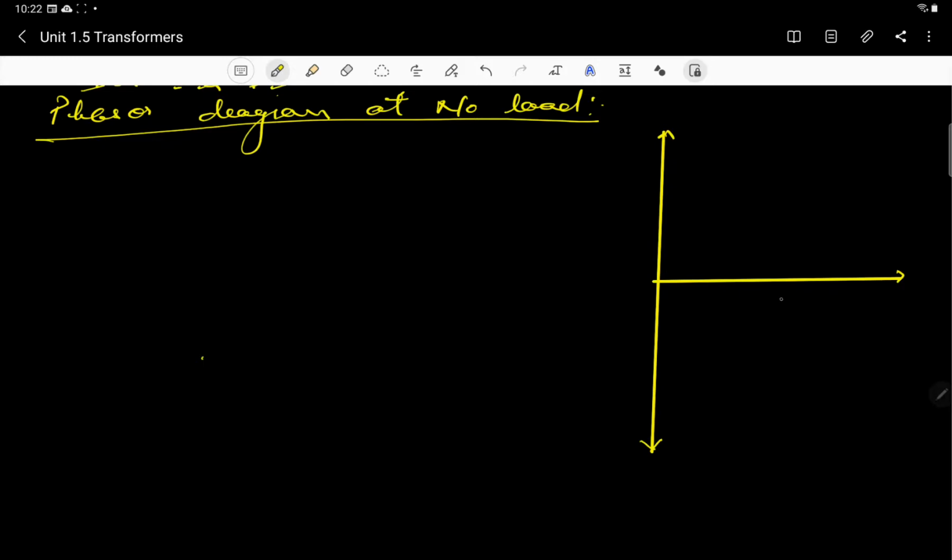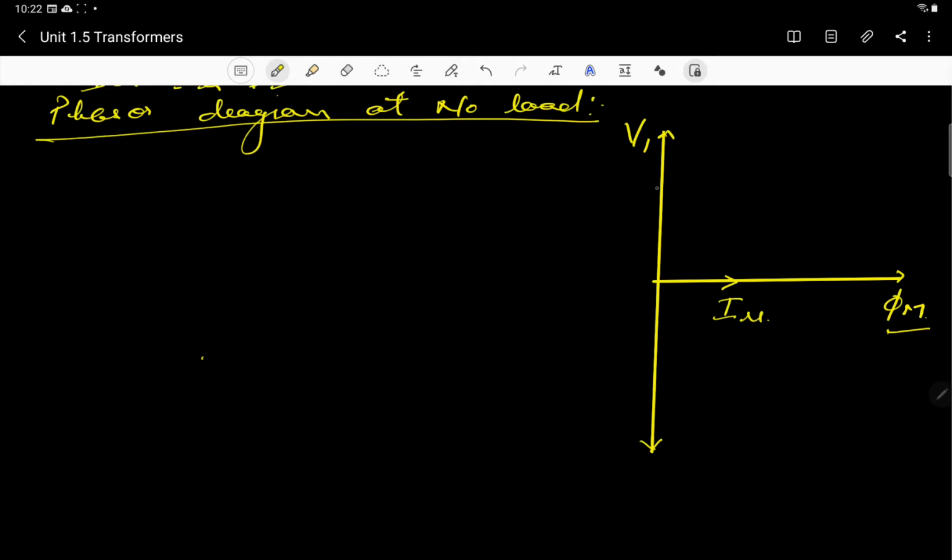So let's consider this as phi m. Now since this is phi m, as we have already discussed, the I mu, that is a magnetizing component, is in phase with phi m. So as we have told you, I mu is in phase with phi m. All right. This is V1. So voltage and the flux, voltage and the current 90° apart over here.